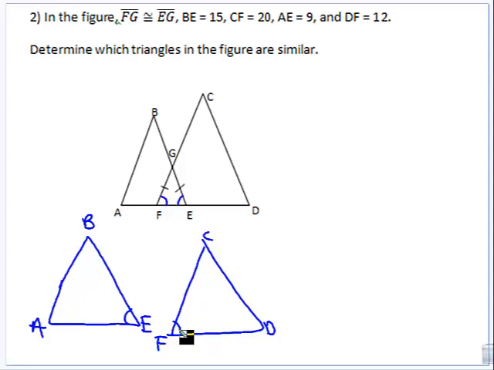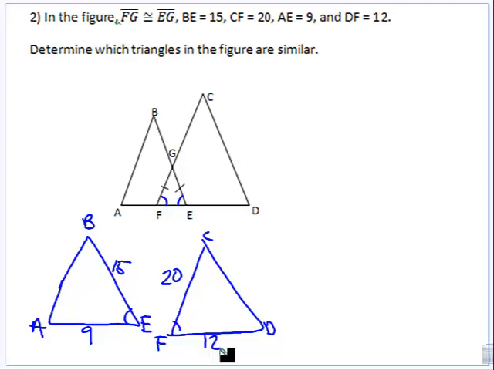Now let's label our two triangles that we drew separately. So BE here is 15. CF, so here's CF, it's 20. AE is 9. And DF is 12. So how can I decide whether or not these triangles are similar? I know one angle is. I know E and F are.